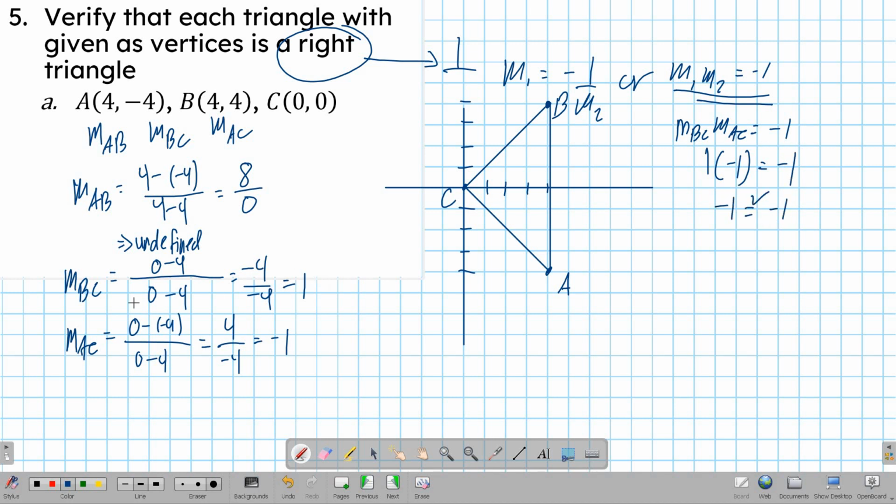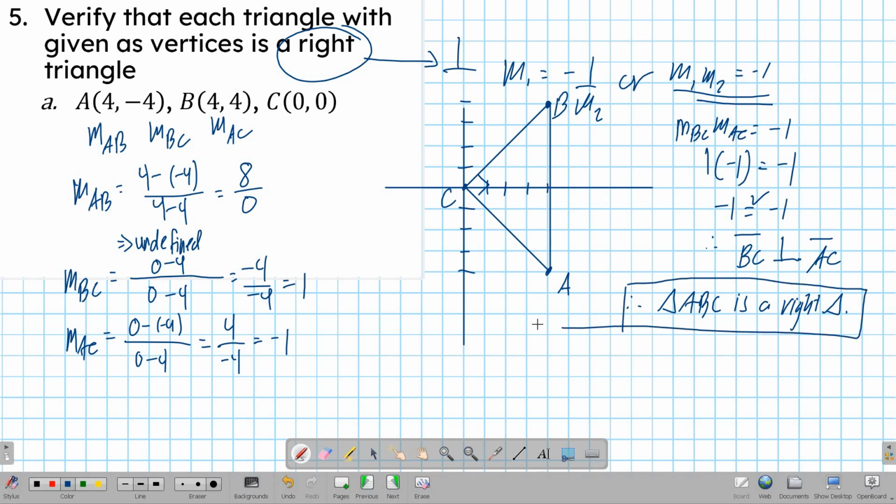So therefore, because of this, we say that line segment BC is perpendicular to line segment AC. Therefore, dahil may dalawang sides ng triangle na right, we say that triangle ABC is a right triangle. Ayan. So those are just some of the sample problems in which we use slope to solve geometric problems.